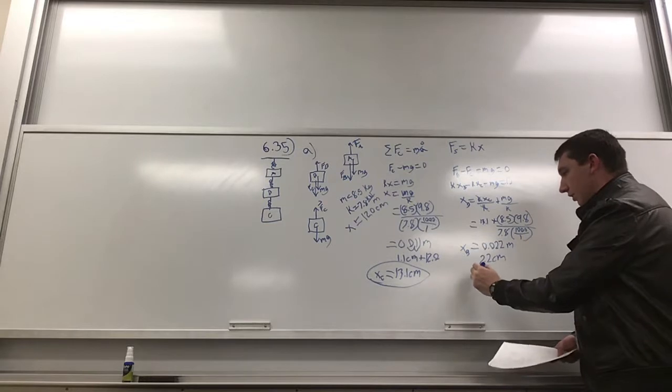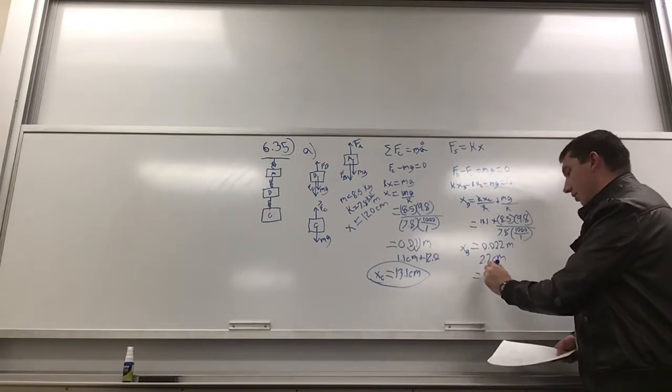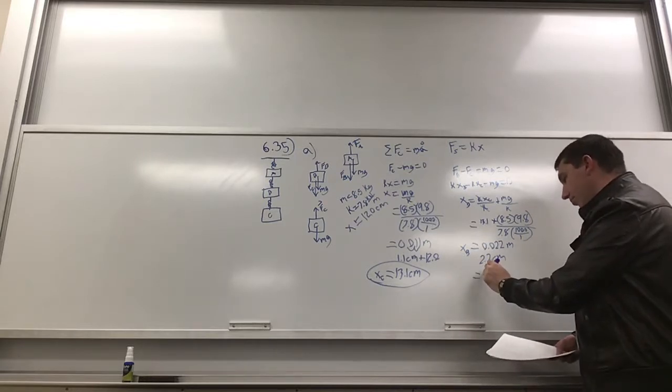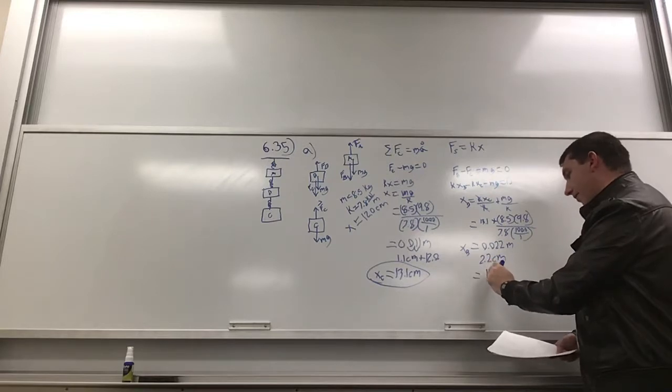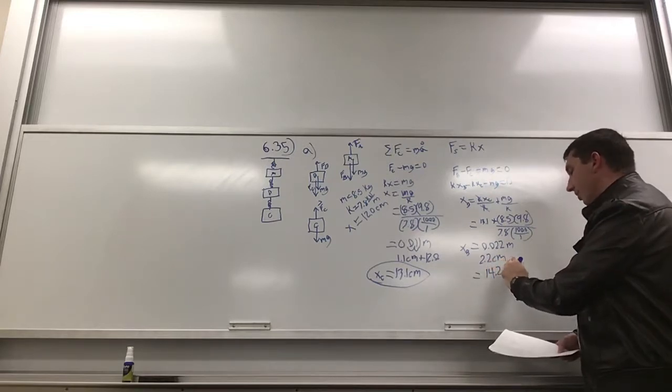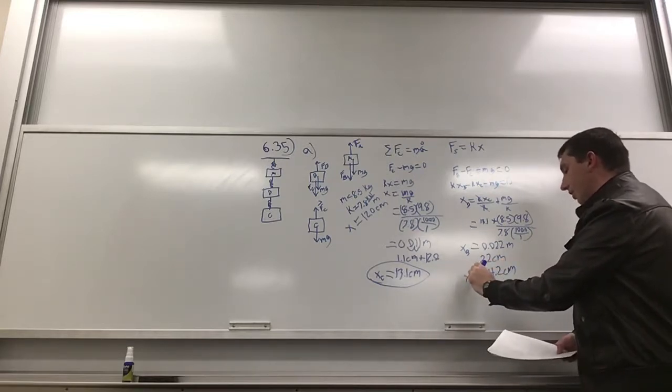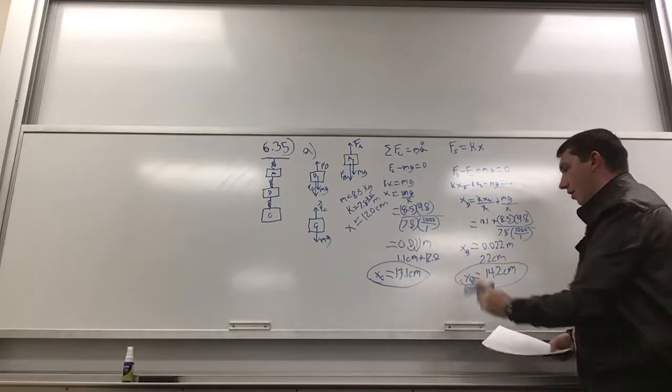So the total distance is going to be 14.2 centimeters for spring B.